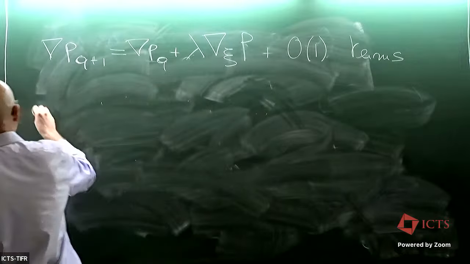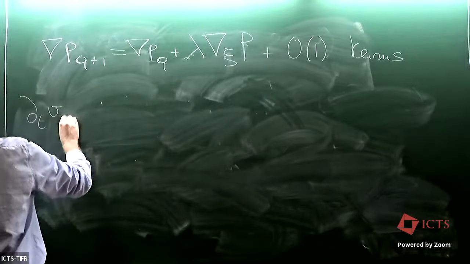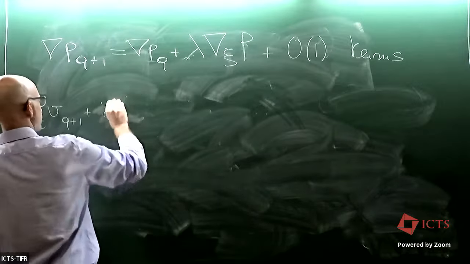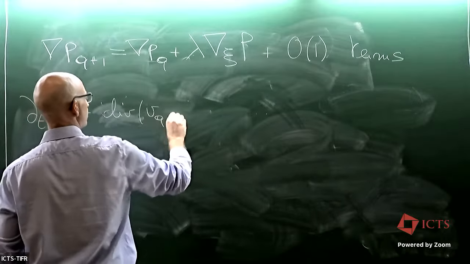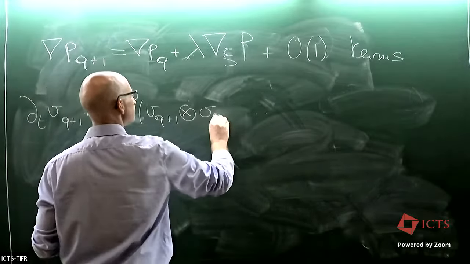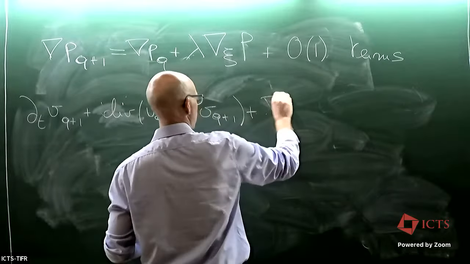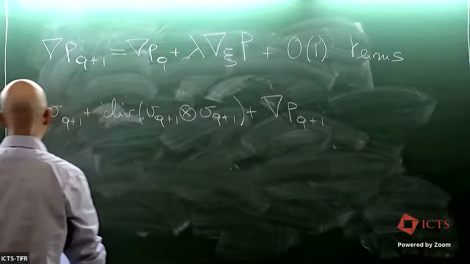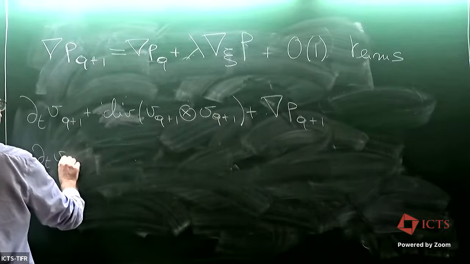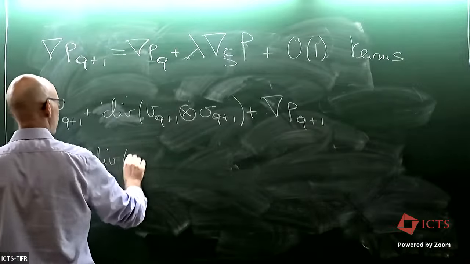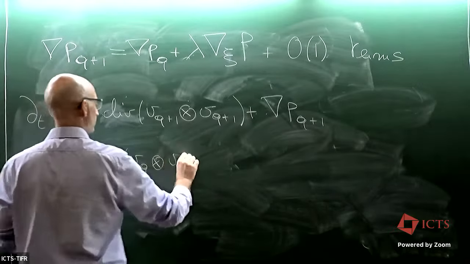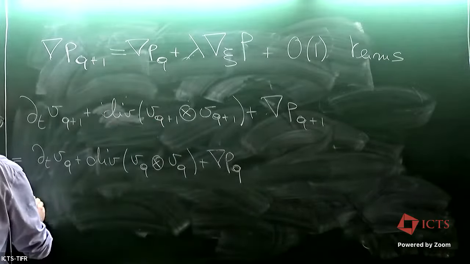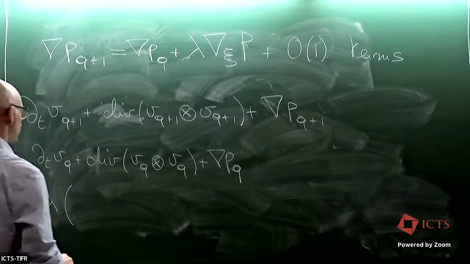So let me compute ∂_t v_{q+1} plus divergence of v_{q+1} tensor v_{q+1}, plus the gradient of p_{q+1}. And so there's going to be one thing which is going to be this. Then there is lambda times this guy.